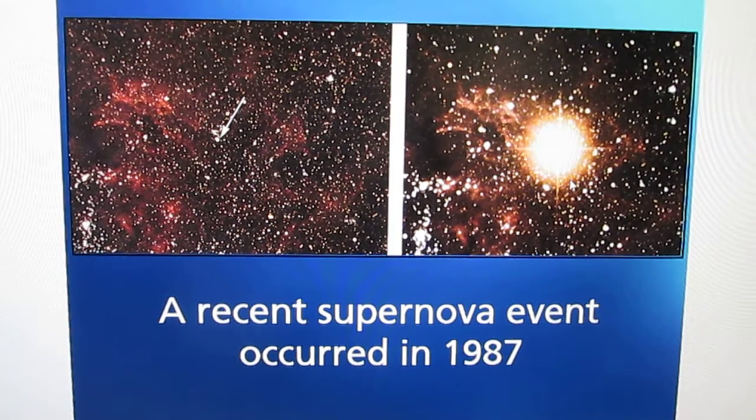On the right-hand side, you see a photograph with the same telescope taken the very next night showing an explosion. So what we see is 200 million light years plus 1 day, and we see the remnants of a star that no longer exists.